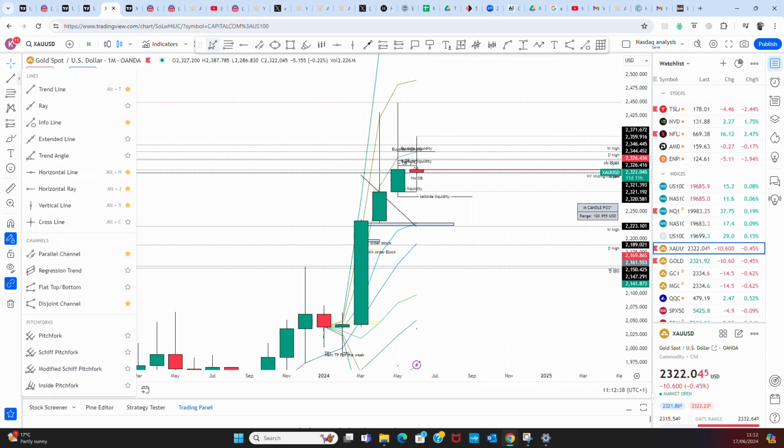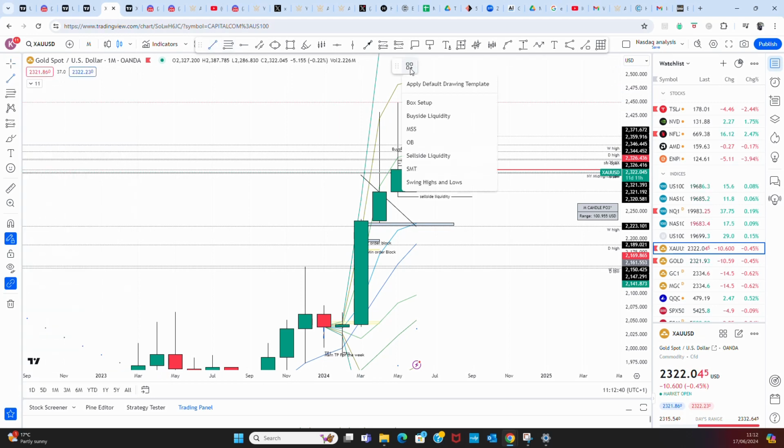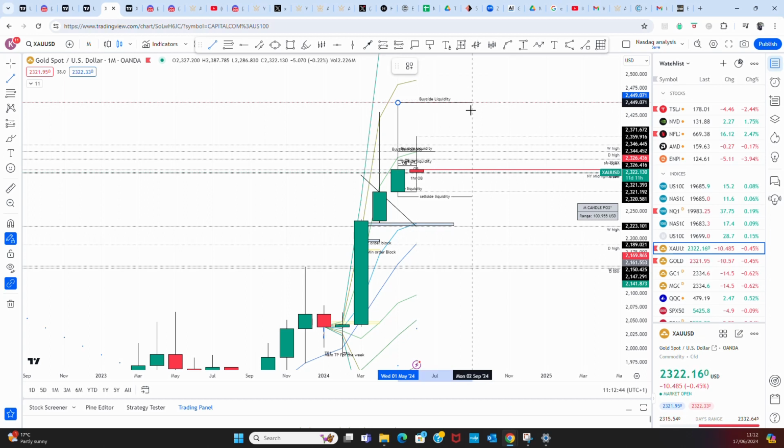Buy side liquidity. There we go. So it's ranging in between, that's our range. I would draw the mean of this range, and let's see our mean of this entire range. So I'm expecting a tap into this 2360 at some point, as it will play a key point of interest for us.